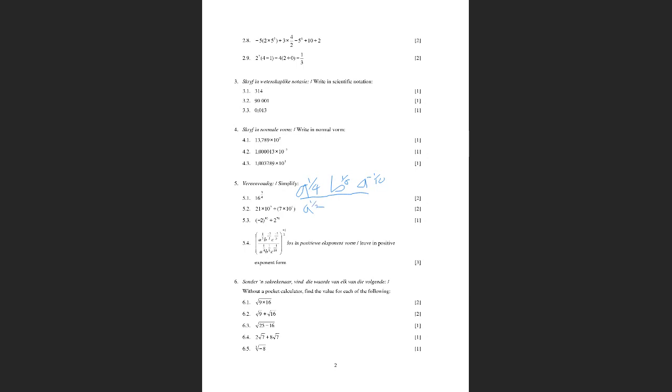Everything. Then we had b negative 2/3. Then we had c negative 3/5. That made me change this sign to positive. I changed this sign to positive. I had 1/2, positive 1/2.